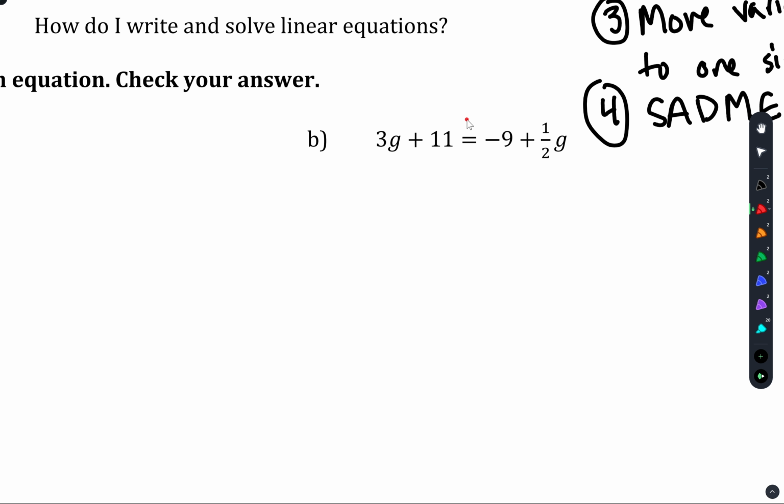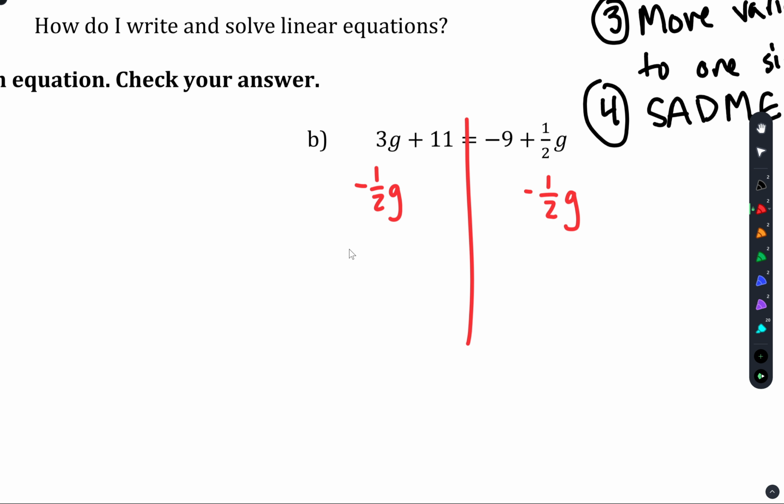Let's repeat for letter B. We're not going to be scared of these fractions at all. I can't distribute anything. I have no like terms to combine. So I'm going to move all my g's to the left side over here. Okay, so moving the g's to the left side, I'm going to subtract 1/2 g.